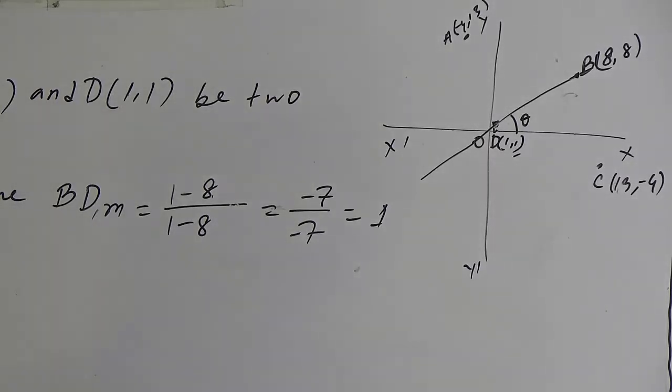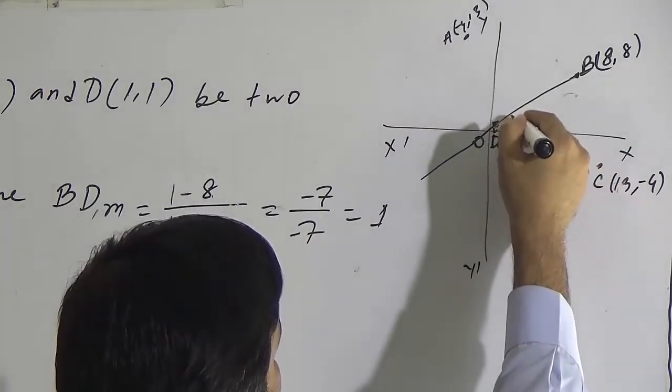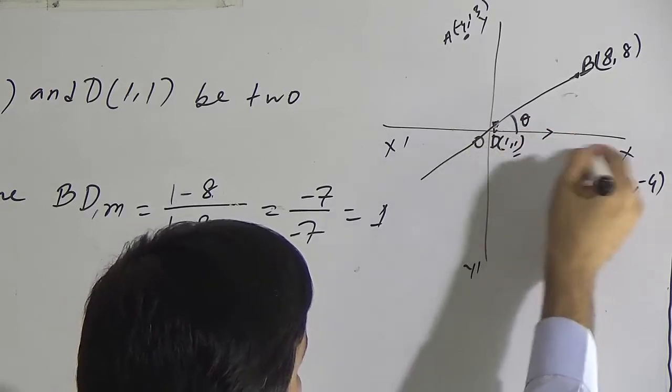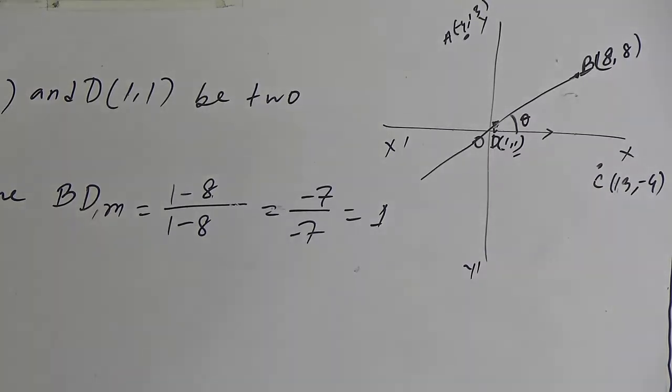Dear students, what is meant by the slope? If we try to understand, slope means the tangent of the angle produced with the positive direction of x-axis. It means that the line BD makes angle theta with the positive direction of x-axis. So the tangent of theta will be the slope of the line BD.